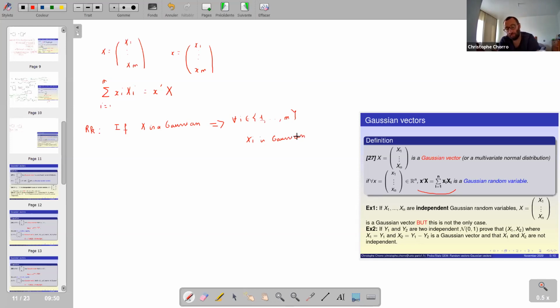If I impose for capital X to be a Gaussian vector, that is, any linear combination of the components is a Gaussian random variable, then necessarily the components of my vector are Gaussian.